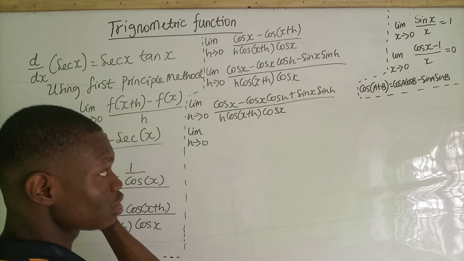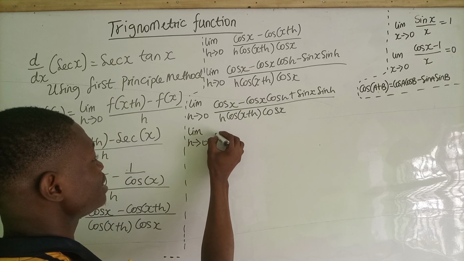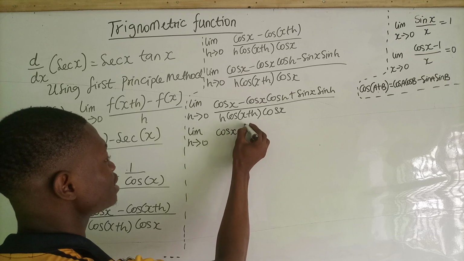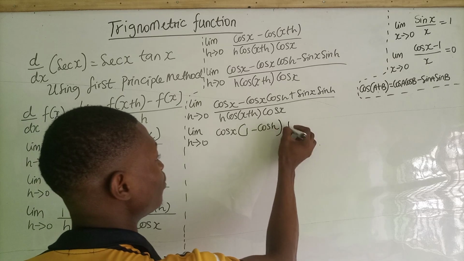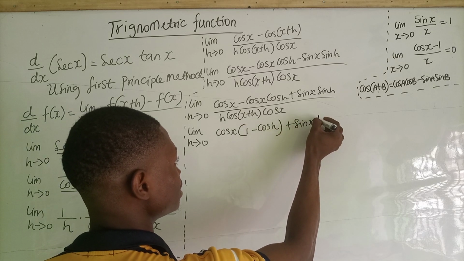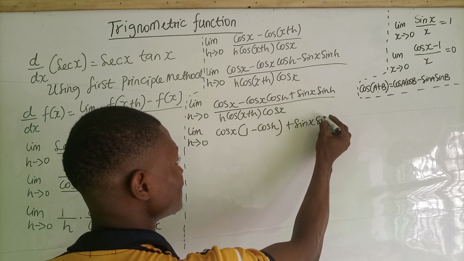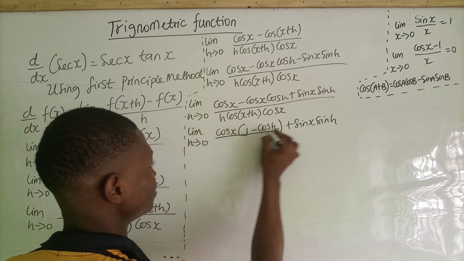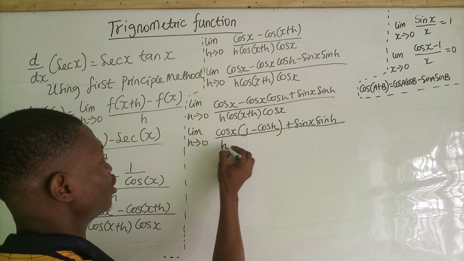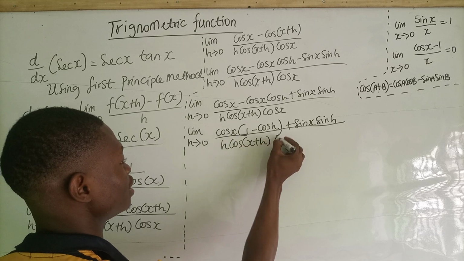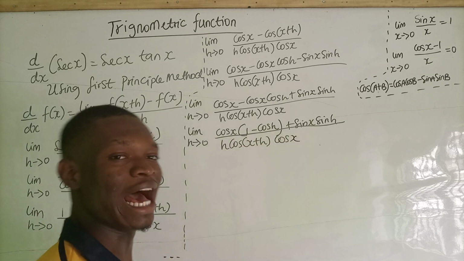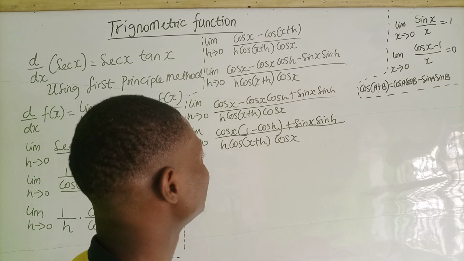We are going to factorize. This thing can be written as cos x (1 minus cos h) plus sin x sin h all over h cos(x + h) cos x. At this point, I know you are understanding this.